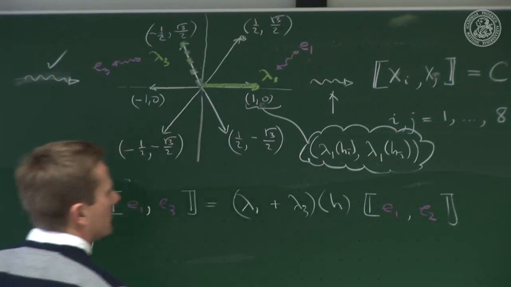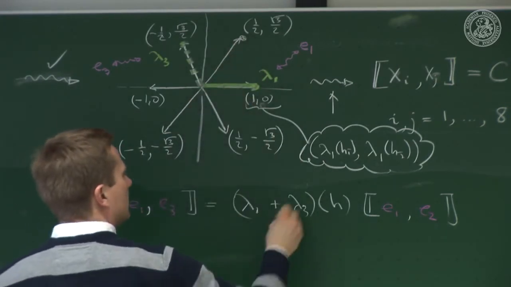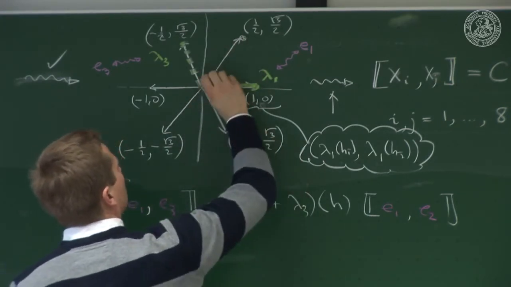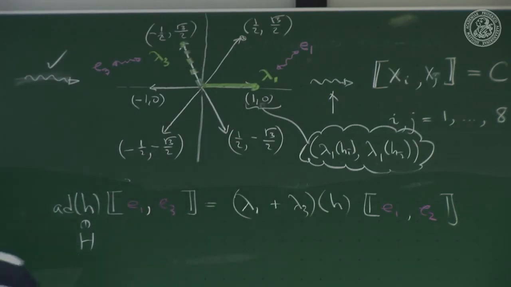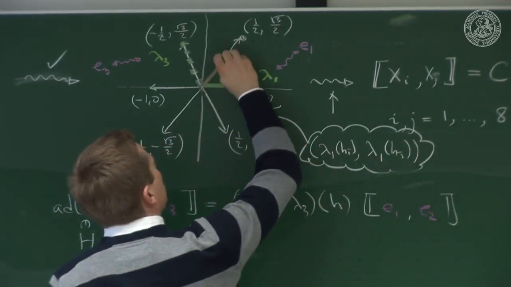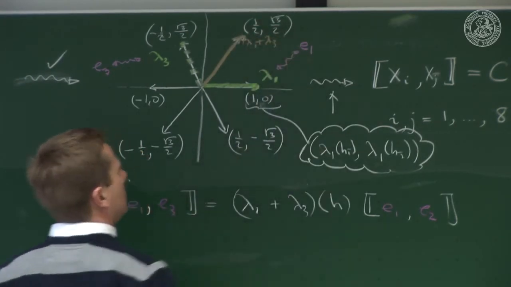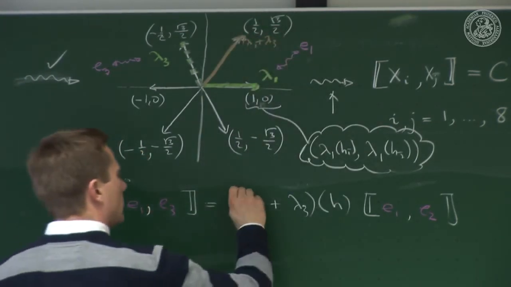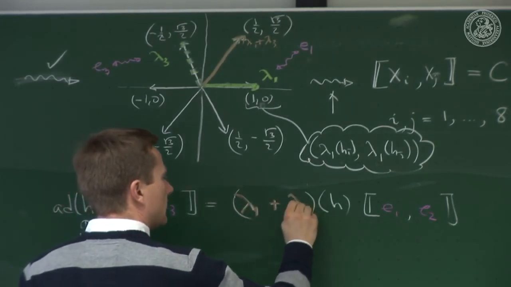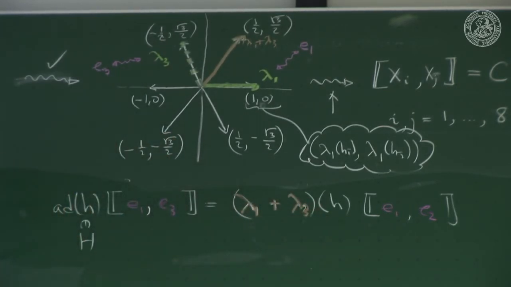But you already know that the vector that yields this factor here, which is now yet another color, is maybe in order, which corresponds to that guy. So this is, of course, lambda 1 plus lambda 3. You already know what that guy is.